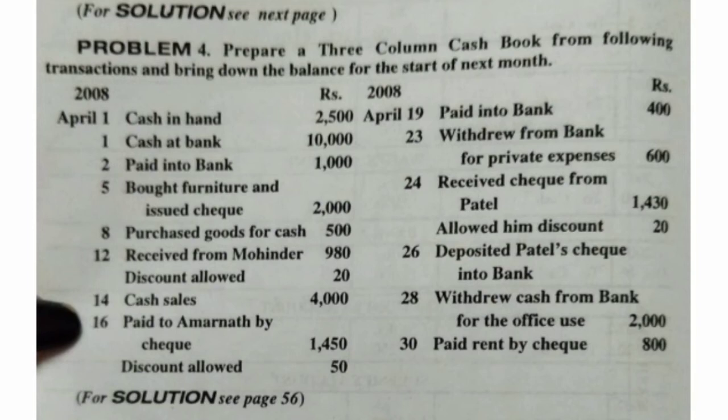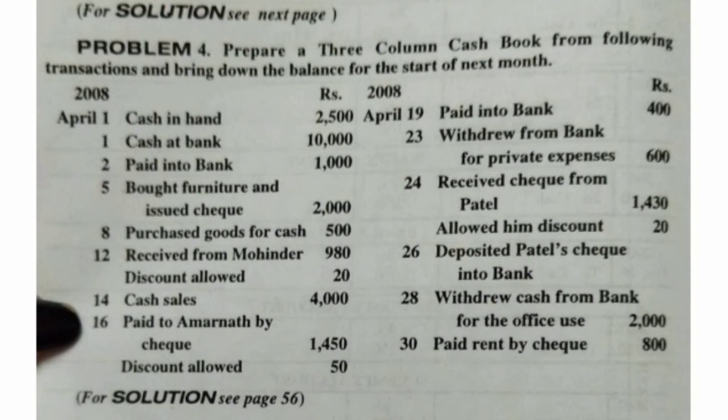On 26th April, the entry would be bank account debit 1430 to cash account 1430. Because they are allowing him discount rupees 20, right? So only 1430 will be the amount. Okay, like this you need to record the journal entries, and respectively you debit and credit in the ledger accounts.